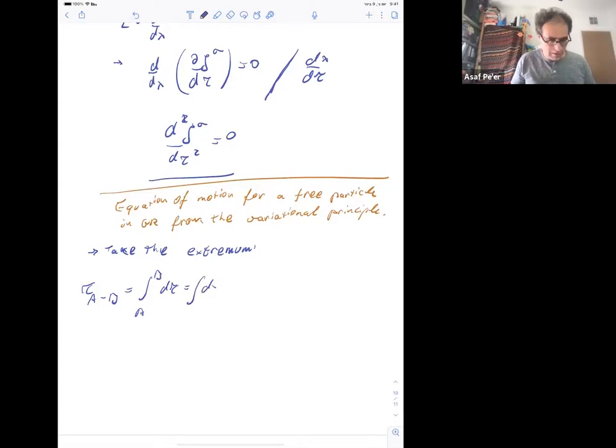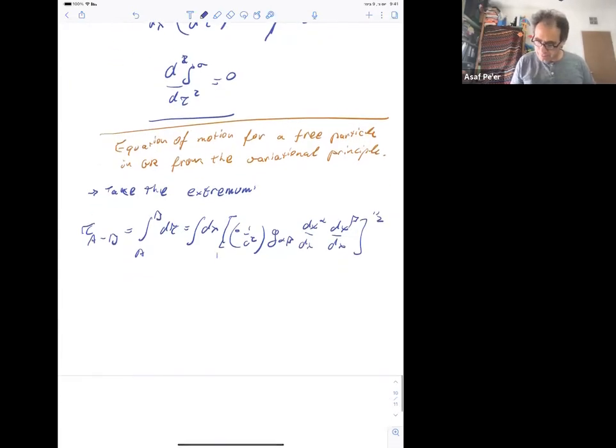So it's the integral d lambda of minus 1 over c squared, g alpha beta dx alpha over d lambda, dx beta over d lambda, to the power 1/2. So of course now the Lagrangian L is minus 1 over c squared, g alpha beta dx alpha over d lambda, dx beta over d lambda, to the power 1/2.